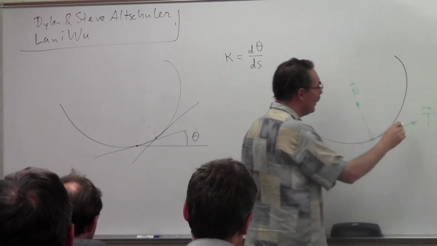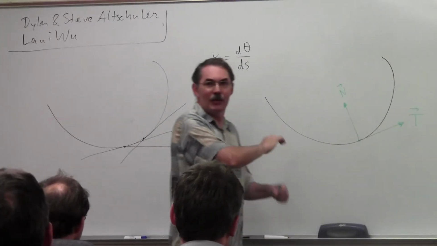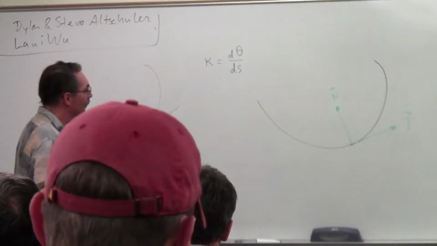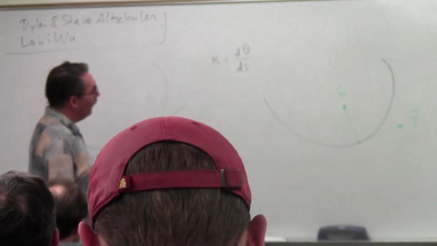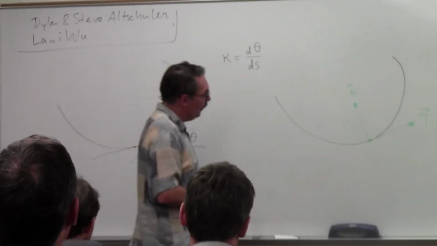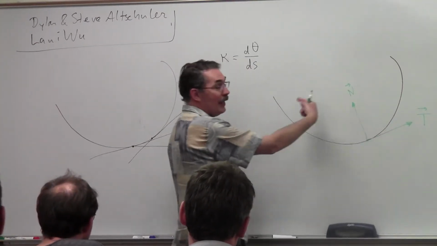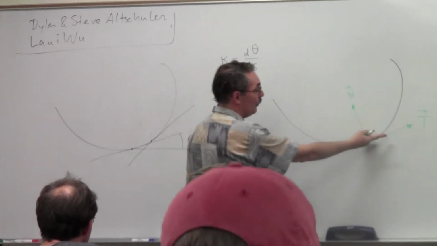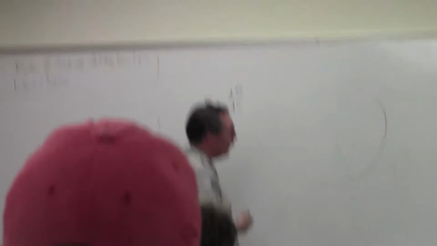These are vectors, and sometimes I will write arrows on top of vectors, and sometimes I'll forget that. T and n are always a right-handed basis, so turning from t to n is always counterclockwise.